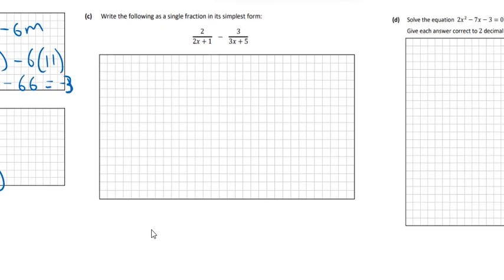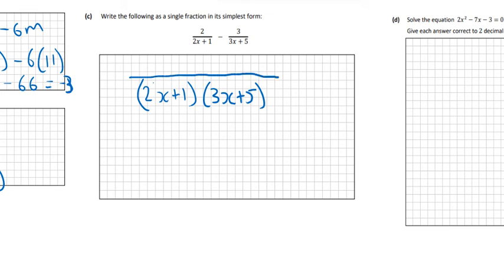Part C then is algebraic fractions. So you've got to find a common denominator first of all. Because you've got expressions on the bottom here with x's in them, you multiply the two bottoms together. So my common denominator is going to be 2x plus 1 times 3x plus 5. Now I'm going to divide 2x plus 1 into the bottom.